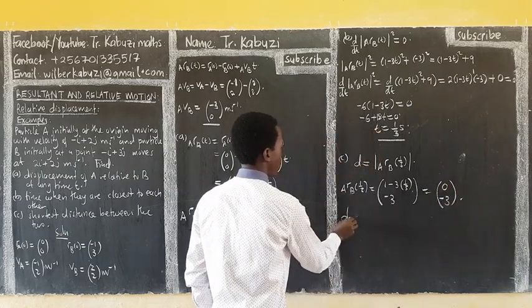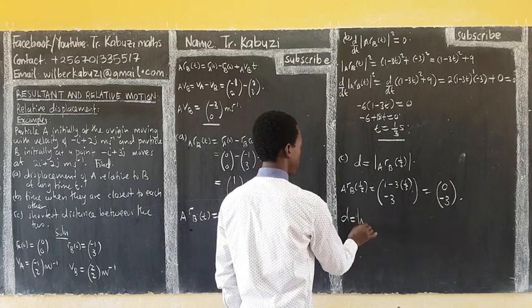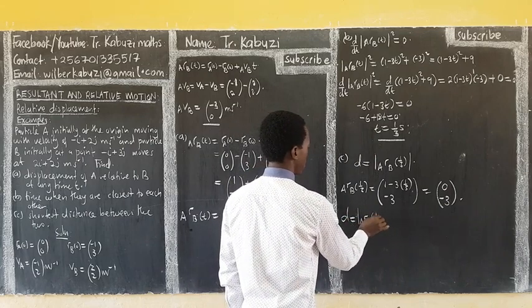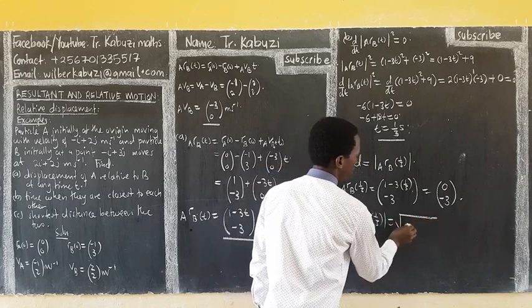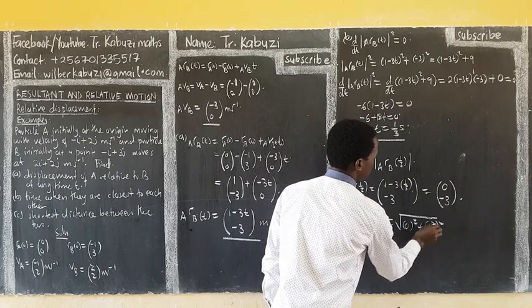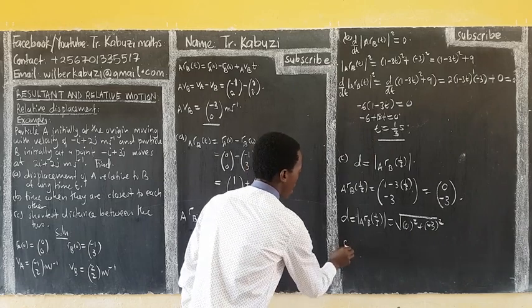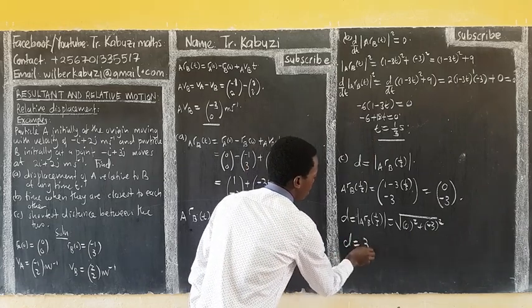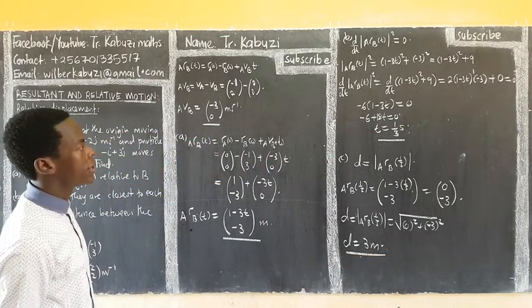So now our d will be the modulus at this time, which will be the square root of 0 squared plus negative 3 squared. So our d is going to be 3 meters. That's the distance of the closest approach.